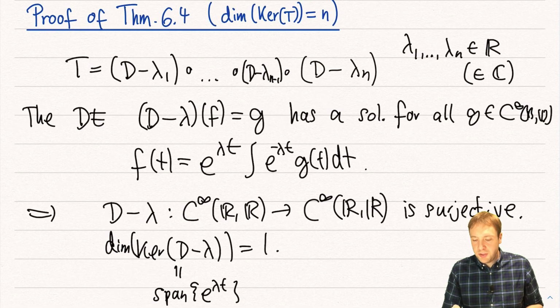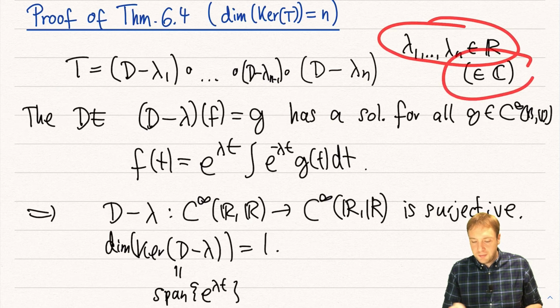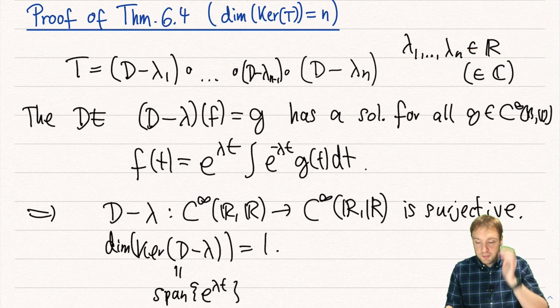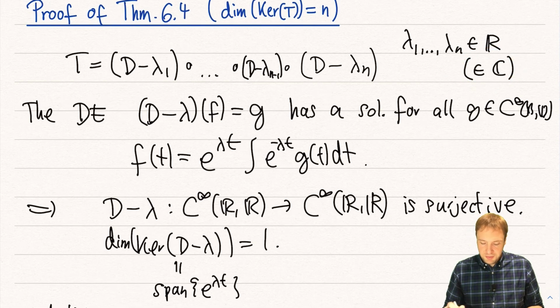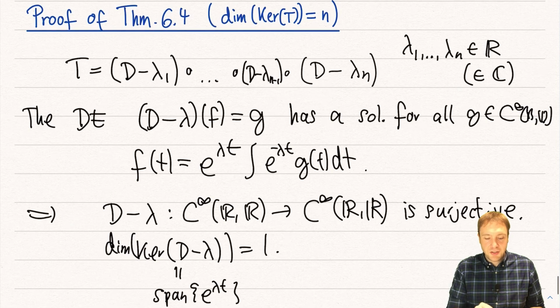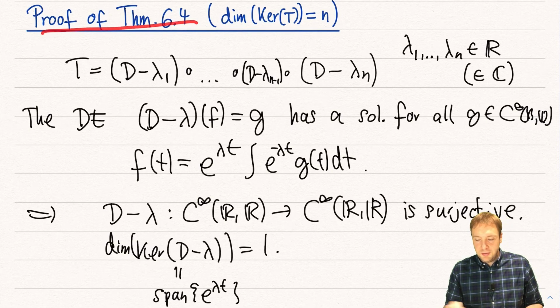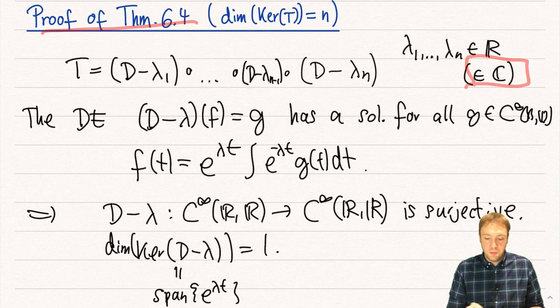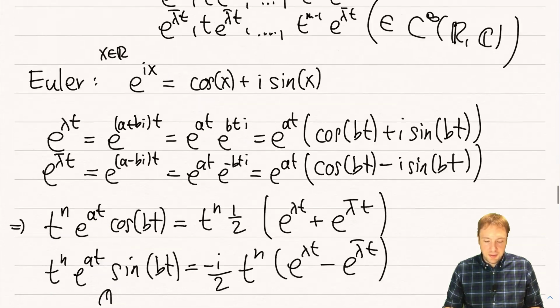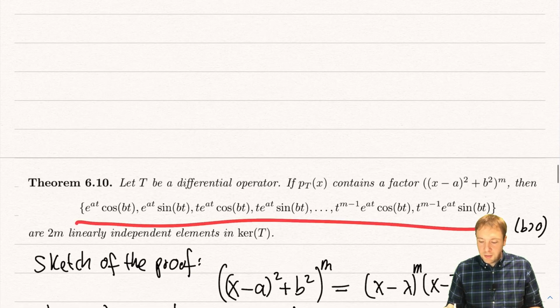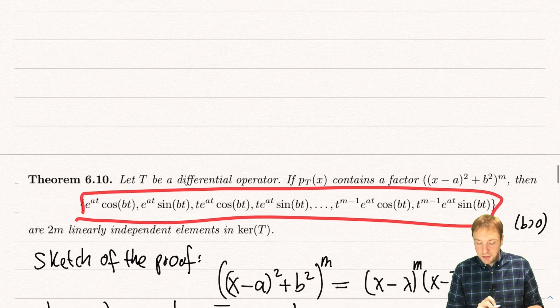But now we just did it for real numbers, but as I said, this also works for complex numbers, which we didn't deal with in this course, so this is just a sketch of this proof. But even though we need complex numbers to prove this statement, the functions we obtain in the end as elements in the kernel are actually real functions.